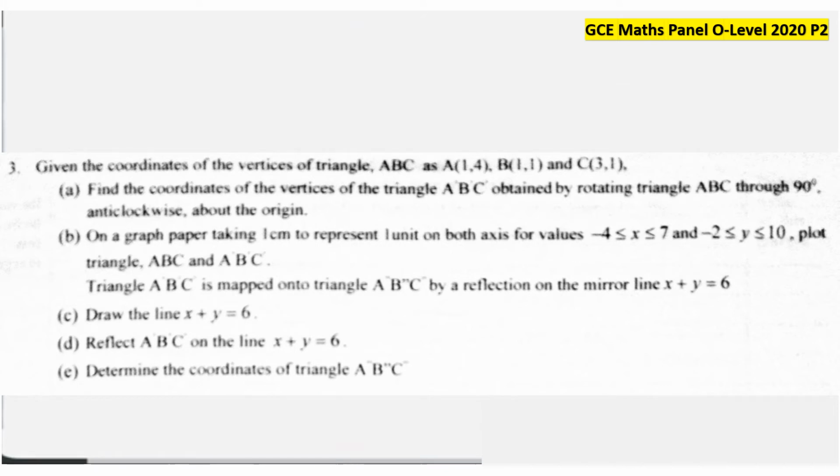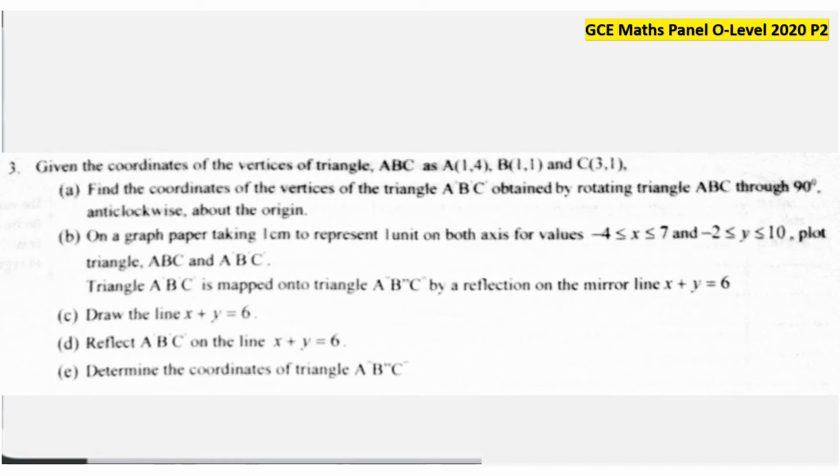In my previous videos, I gave a shortcut that you can use to obtain the coordinates of these points just by calculation.